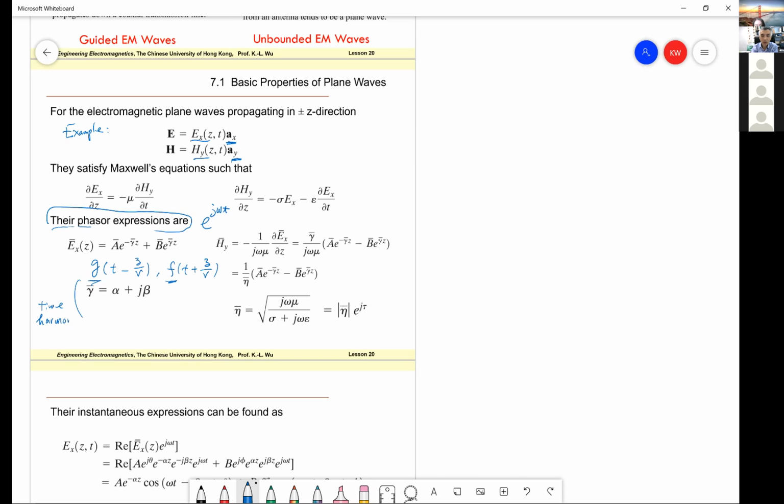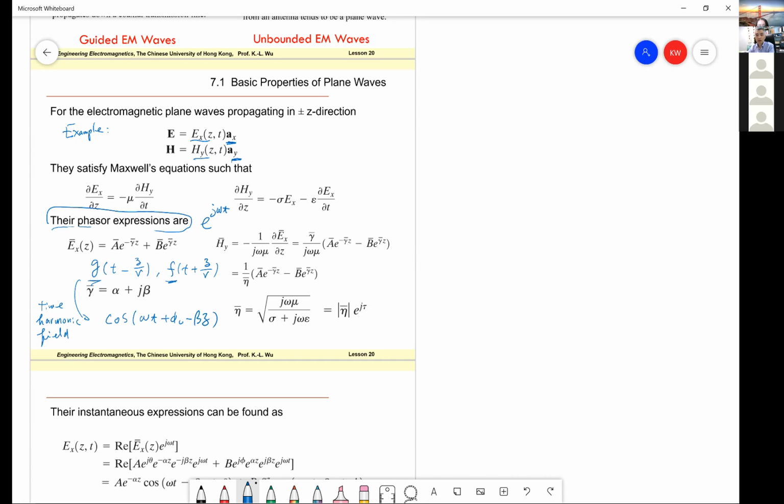this can be cosine of omega t plus any initial phase, then minus beta z.